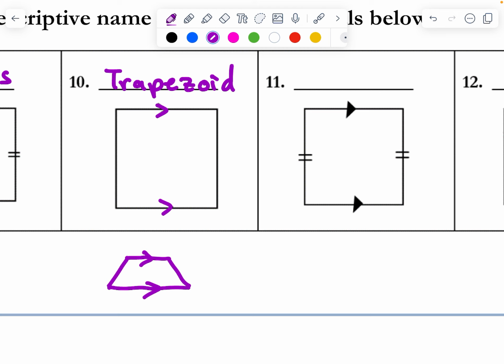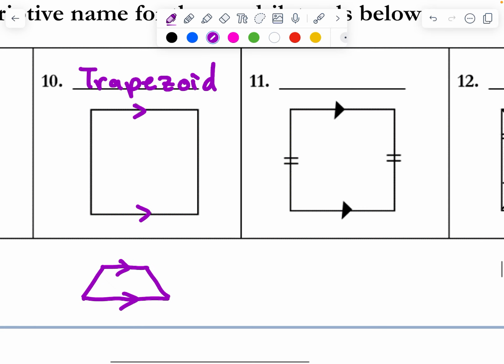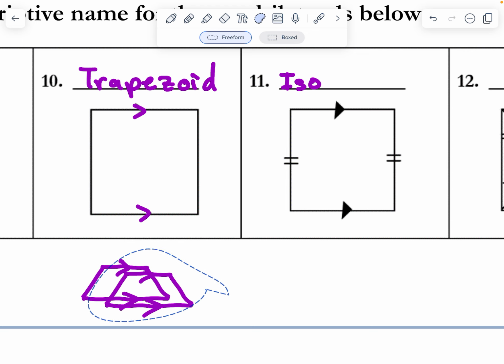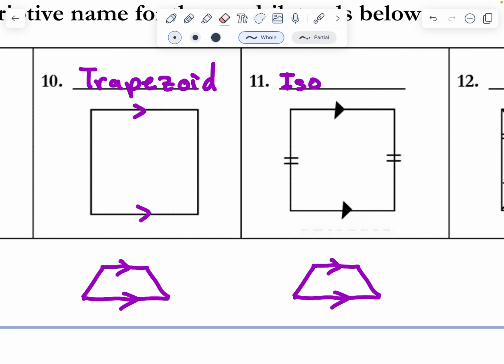Now, I guess not talking about isosceles trapezoids, if you look at 11, that would be an isosceles trapezoid because now if I take this picture and I duplicate it, because it's saying the same thing, it's saying that the top and the bottom are parallel, but now I add congruency symbols.